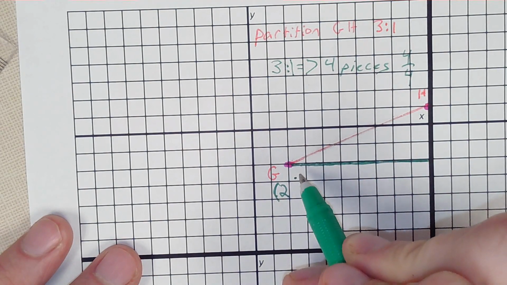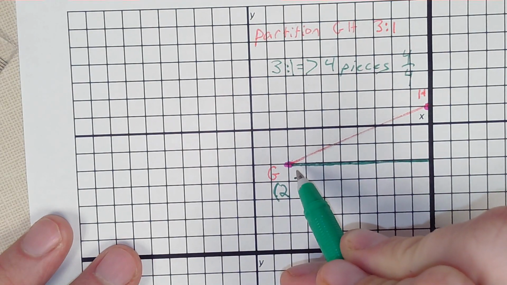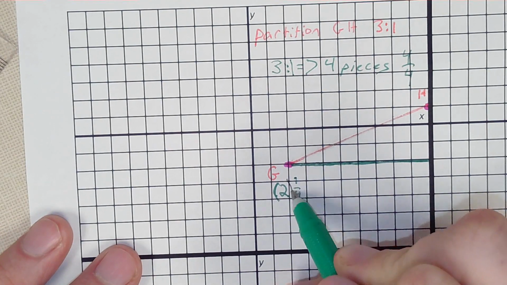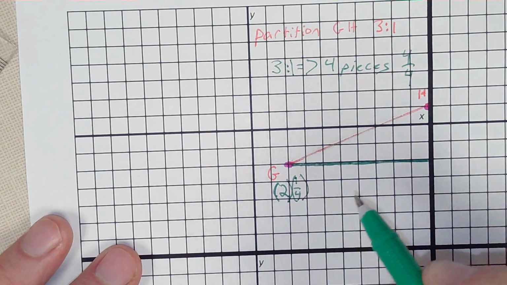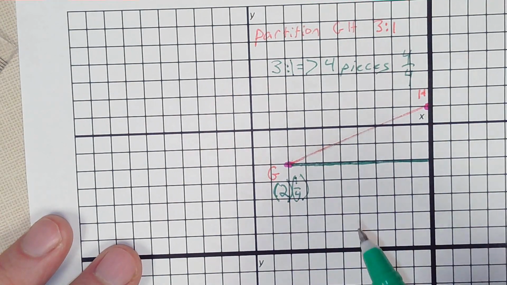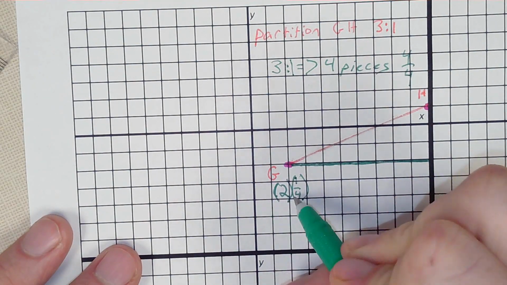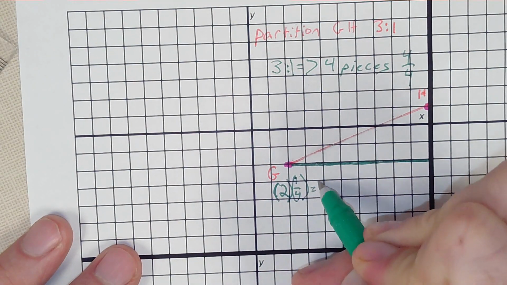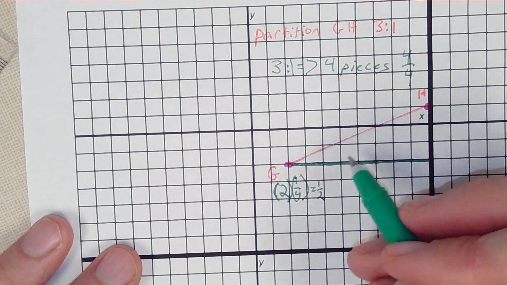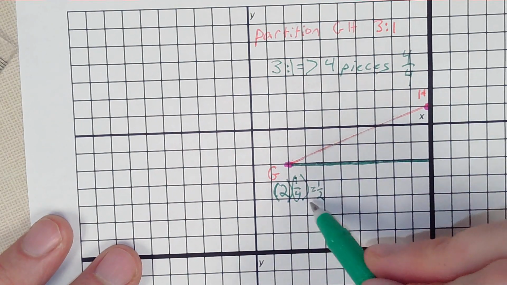It gets the smallest number. Right? So this is going to be 2 times 1/4. Okay, that's my X value. So 2 times 1/4 equals 1/2.